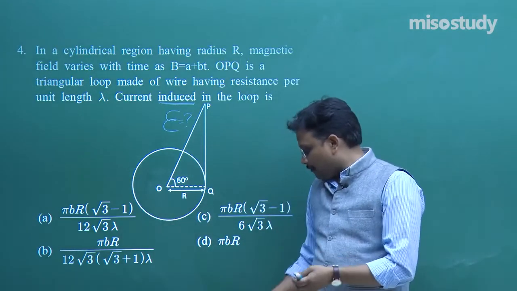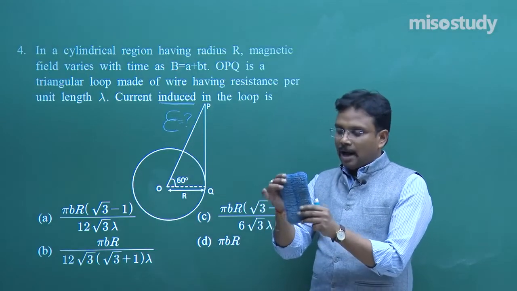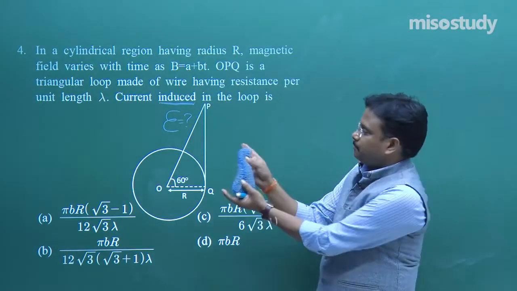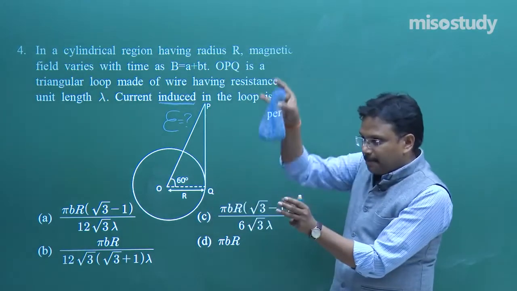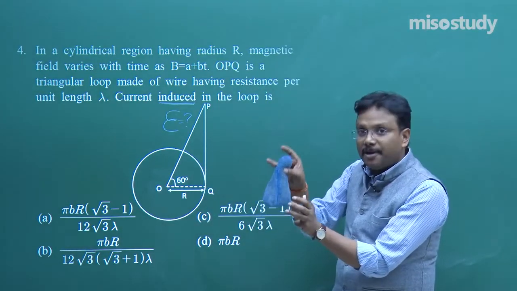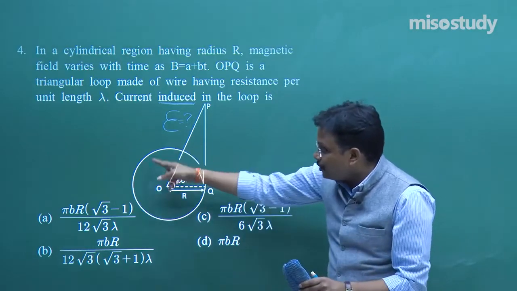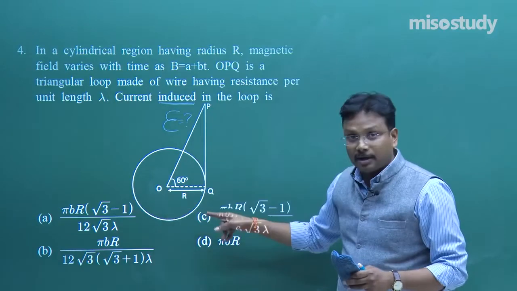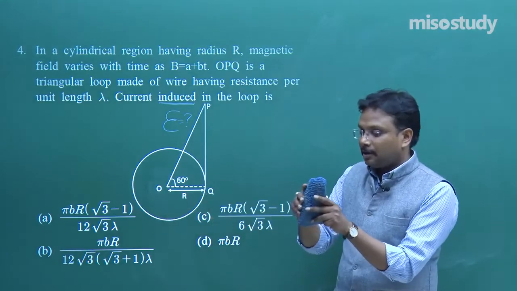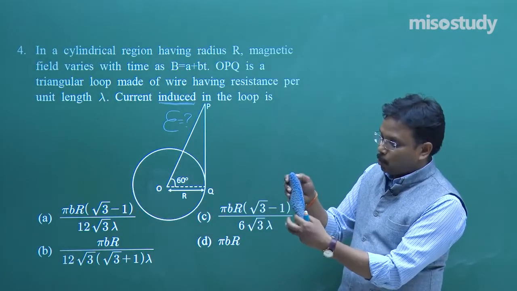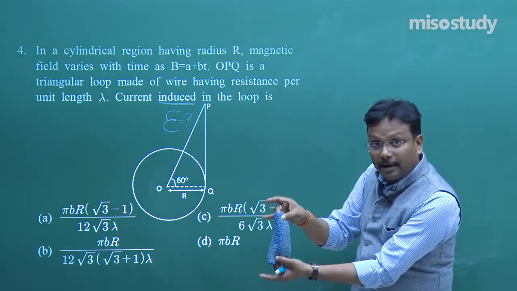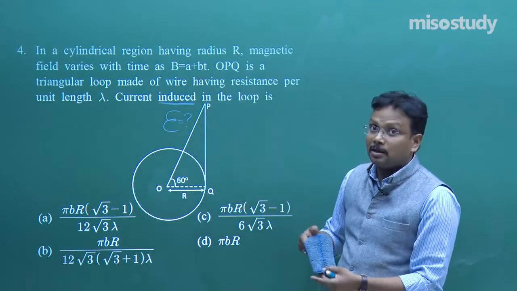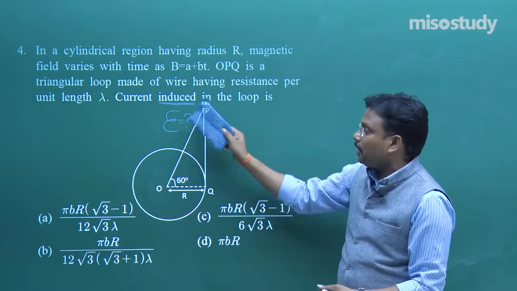Let's say I have a wire, fine, and with the help of the wire I created this type of triangular shape, and then I place this triangular shape in a cylinder. Basically this is the upper view, you are watching the cylinder from the top, that is why you are getting only this circle, it is not a circle. This triangular loop is placed inside this cylinder, and inside the cylinder the magnetic field is varying. Then you have to calculate the current induced.